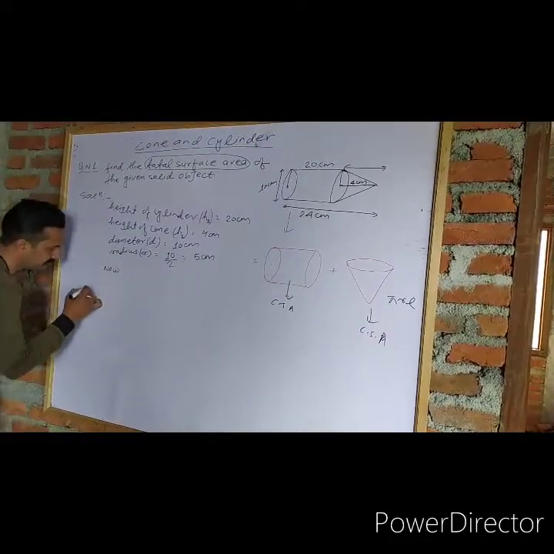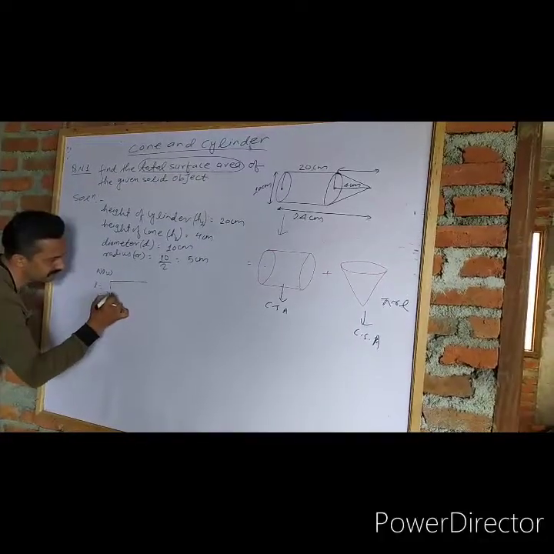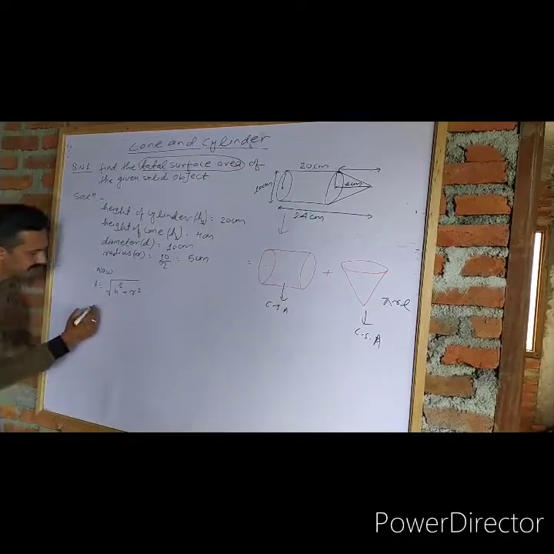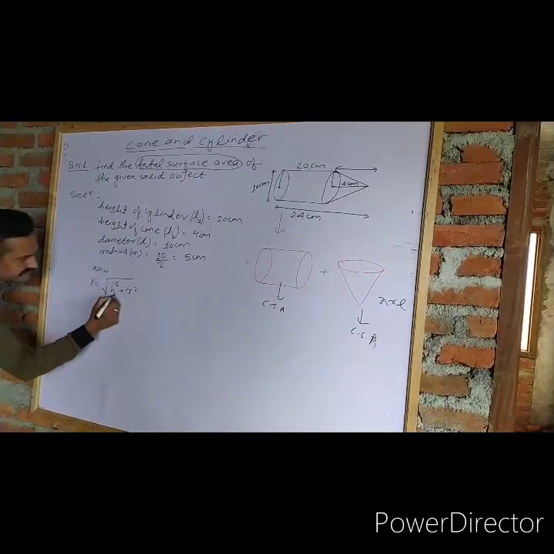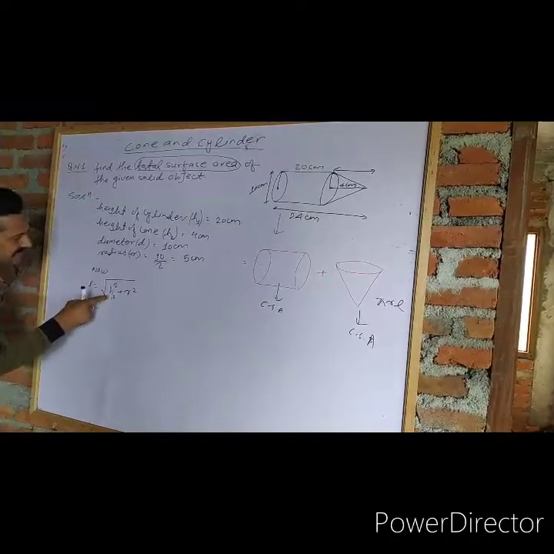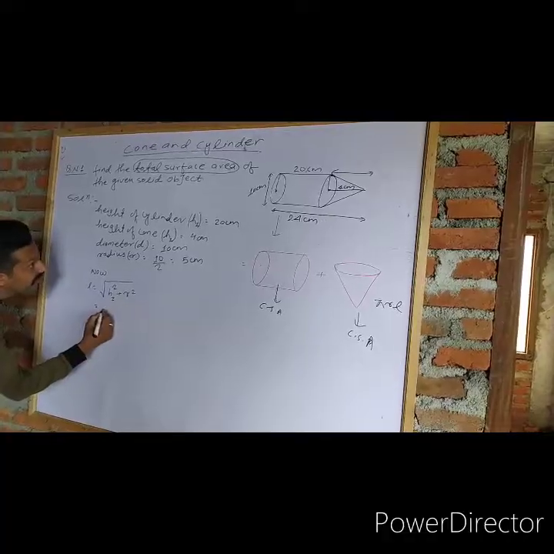Now L equal to square root of h square plus r square. h is here h2, sorry, this is the height of cone.